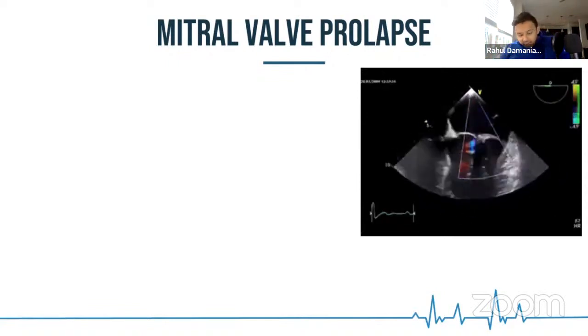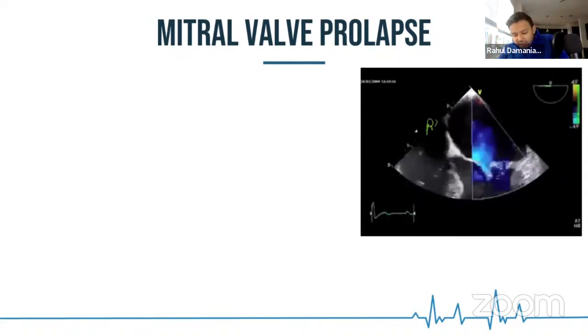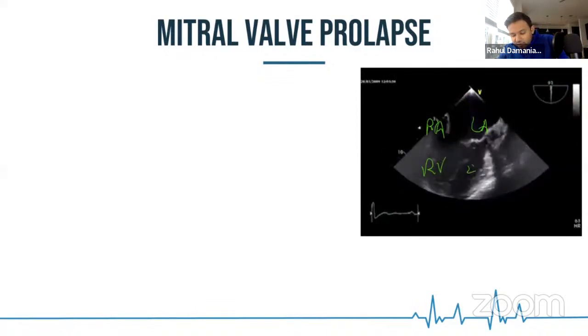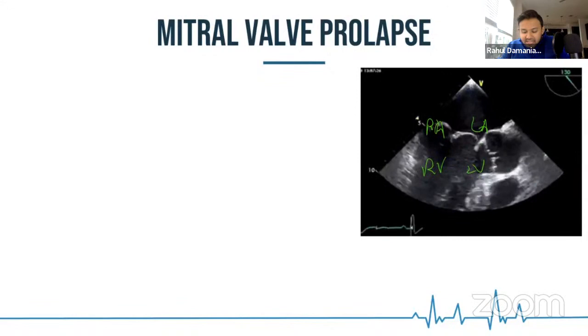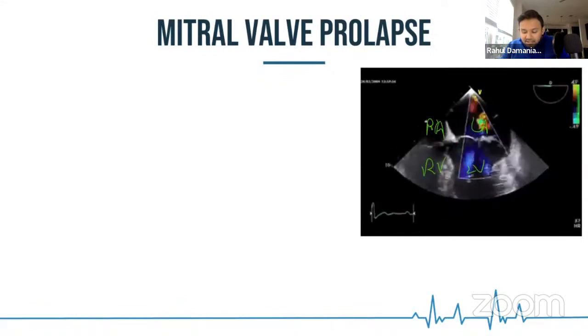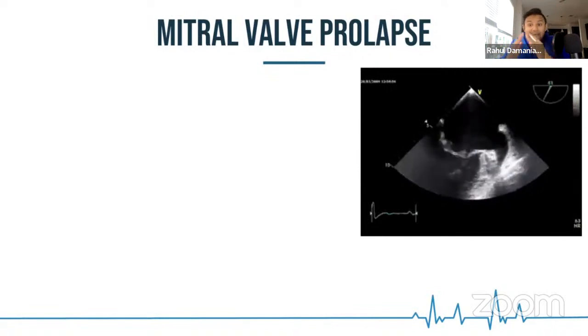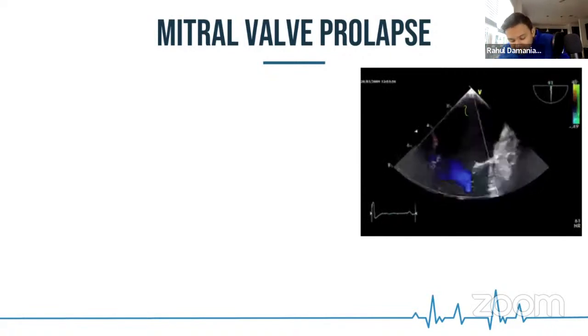So this echo is going to show the right atrium here, right ventricle here, left atrium here, and left ventricle here. And as the heart is pumping, you see the ballooning of that mitral valve into the left atrium.